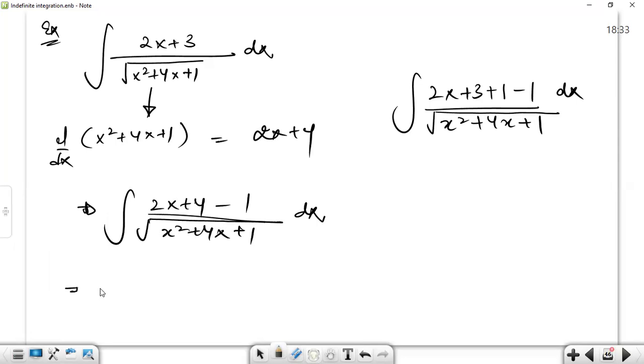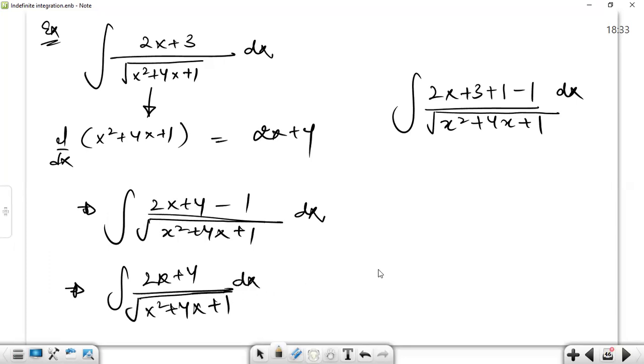Now let's segregate these two terms: integration of (2x plus 4) divided by (x square plus 4x plus 1) dx, minus integration of dx upon x square plus 4x plus 1.